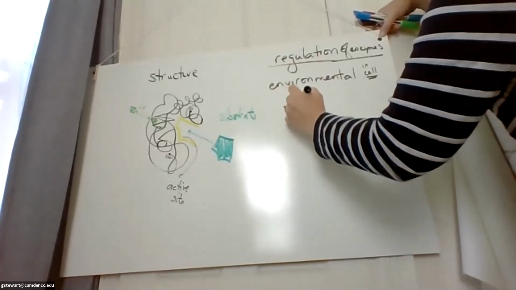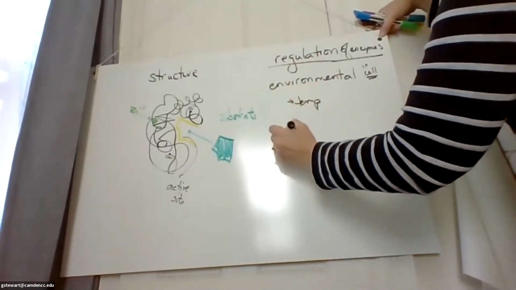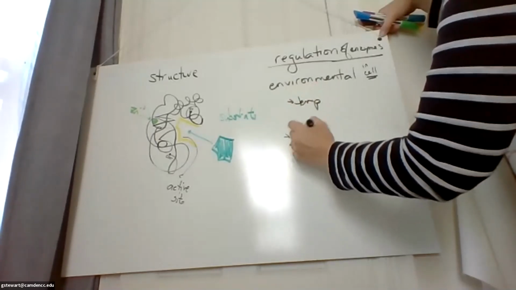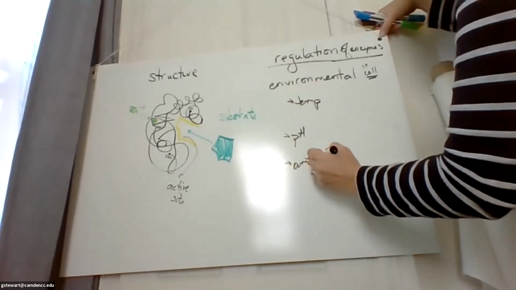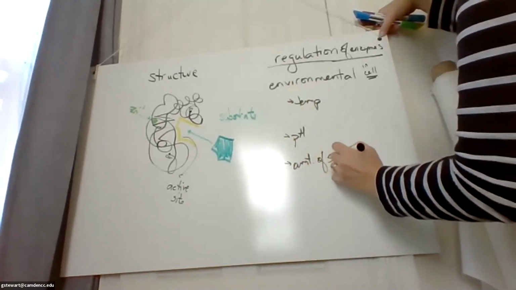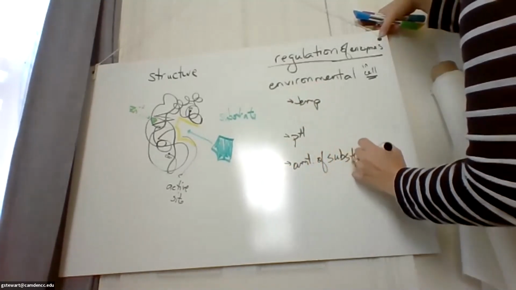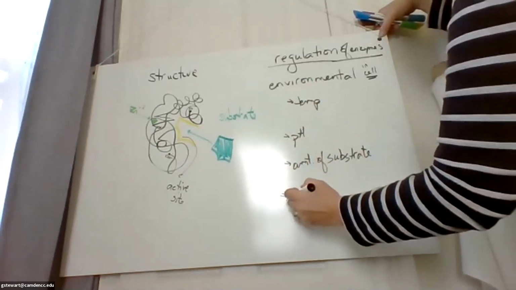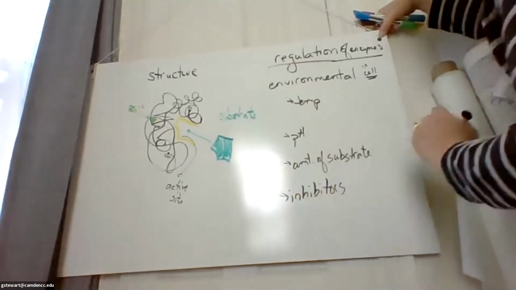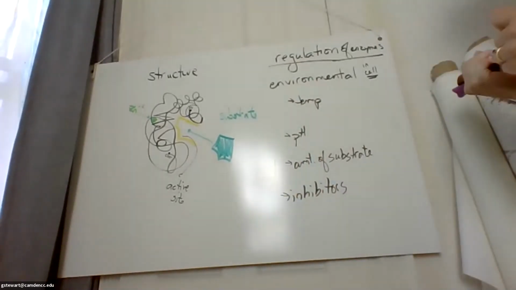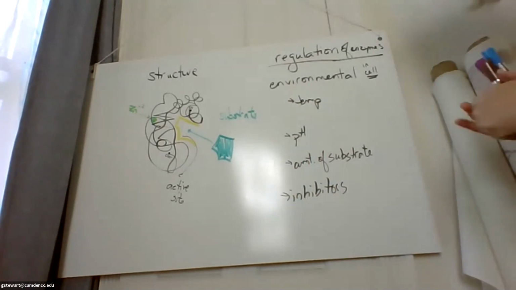So the regulation is by temperature, pH are the big ones, presence or amount, AMT for amount of substrate. And then I'm going to put down at the bottom here inhibitors. Okay, that's just to help me remember all of them and to hit all of the high points for them.